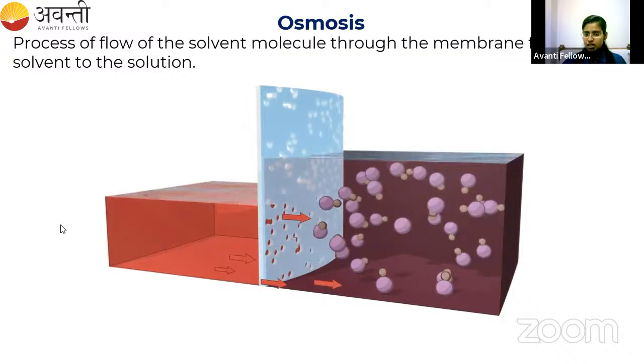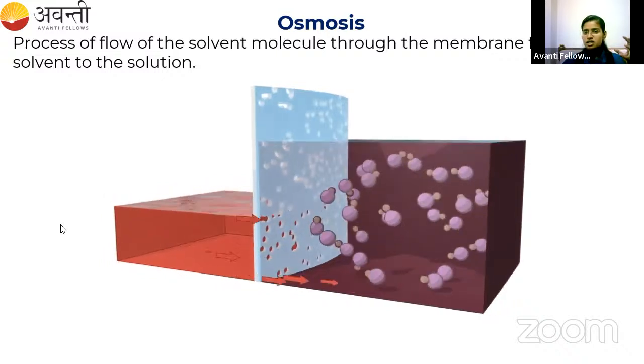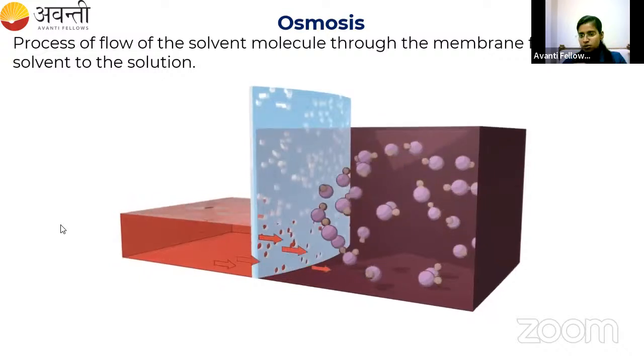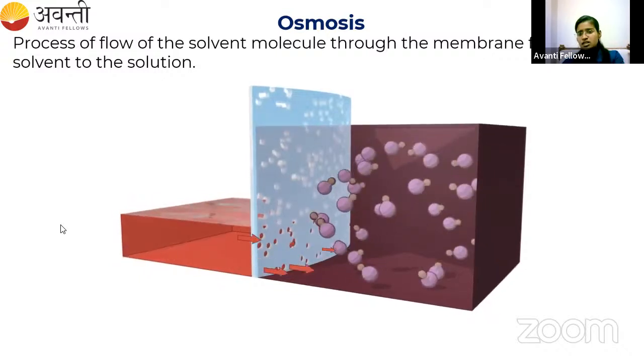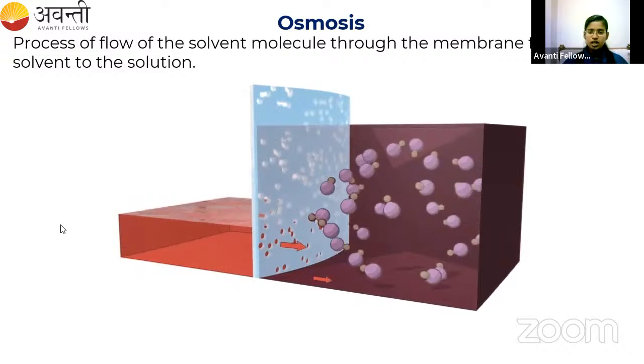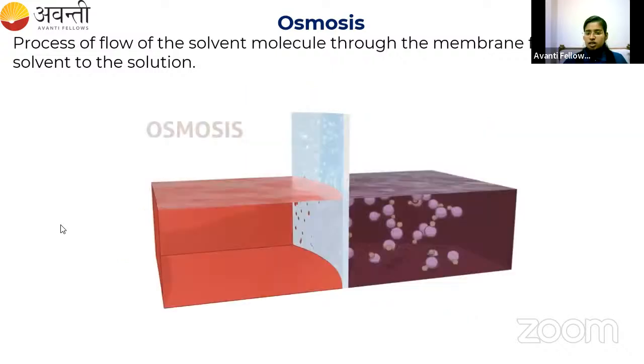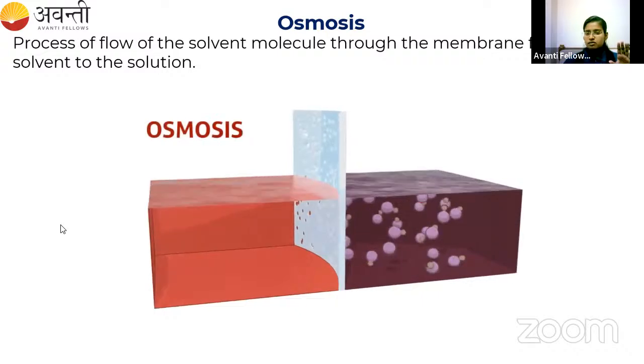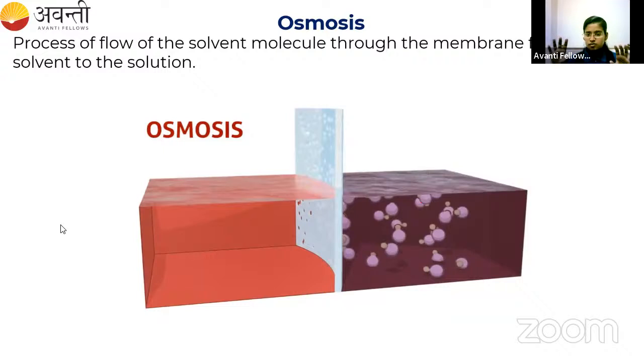What is happening here? The pure solvent molecules are passing through the semi-permeable membrane to the salt solution side. Once again you can watch this. I have a solvent and I have a solution.